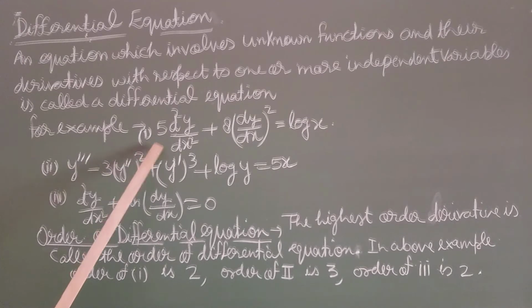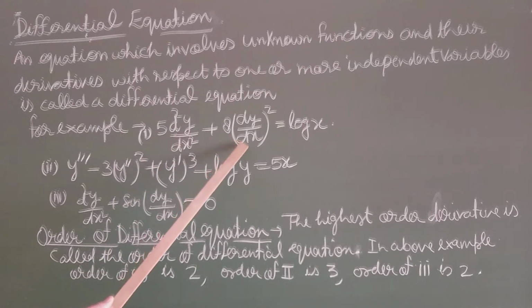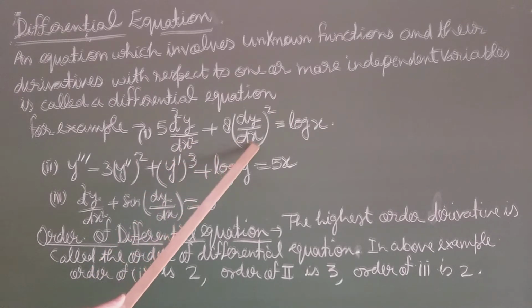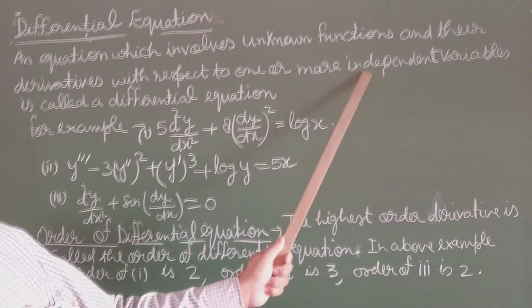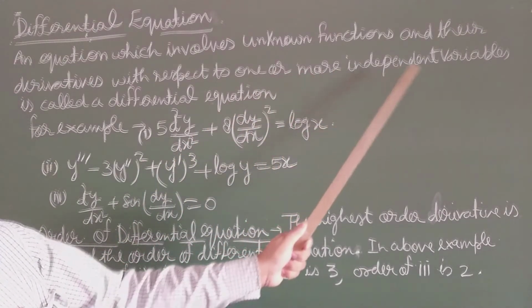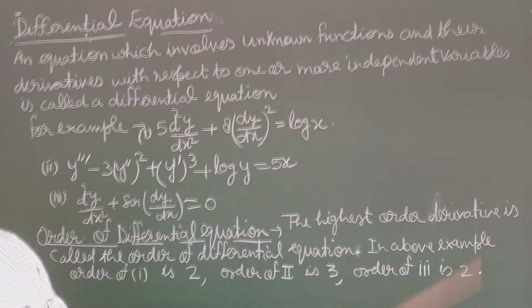Here we have differentiated it with respect to x. So x is the independent variable, as written here, with respect to one or more independent variables.